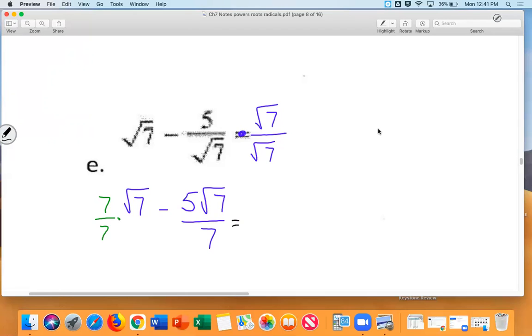That gives me 7 root 7 over 7 minus 5 root 7 over 7. And now they're even, so we can combine them. So that would be 2 root 7 over 7.